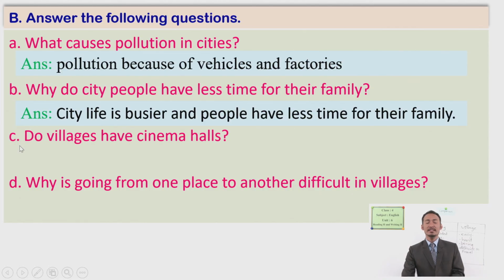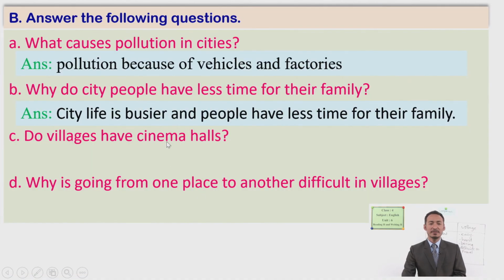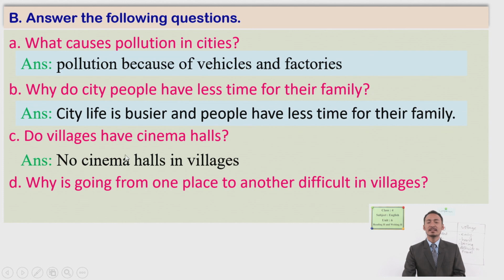Okay, can you read the question in C? Yes. Do villages have cinema halls? Let's see. Where are the cinema halls? Yeah, look here. You cannot go to the cinema in the countryside. Means there are no cinema halls in villages. Okay, students, so our answer is no cinema halls in villages.